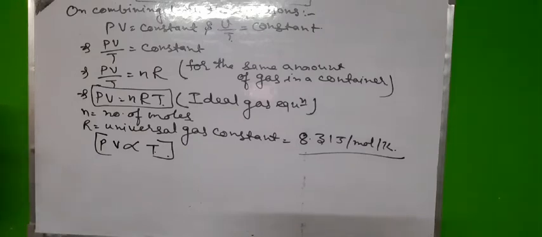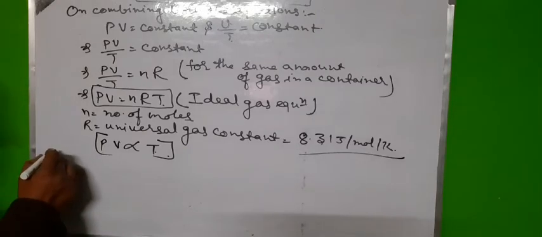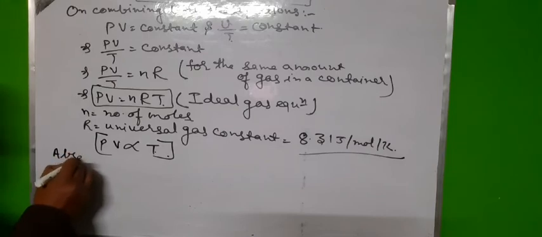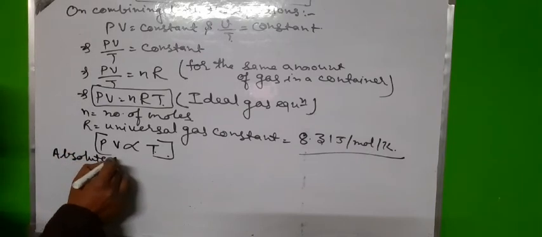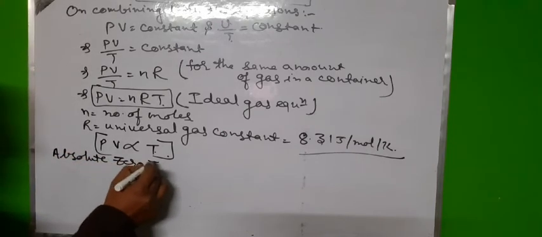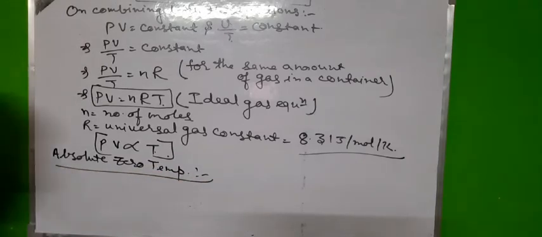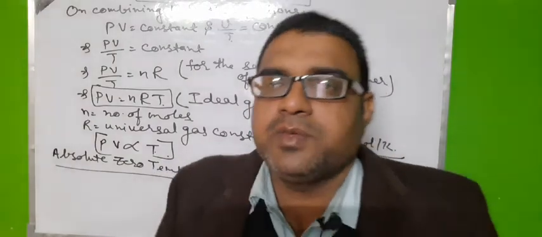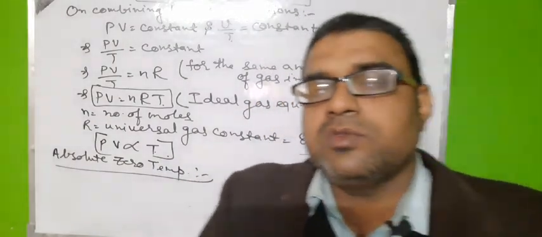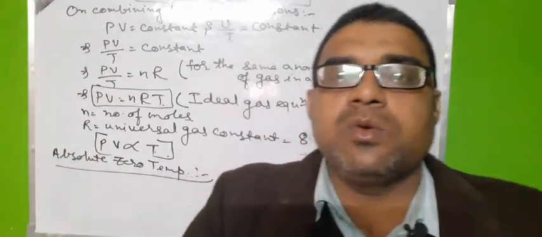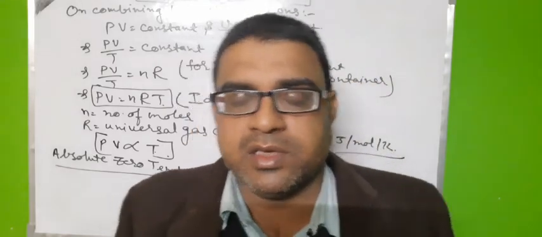Now we will discuss absolute zero temperature. What is the meaning of absolute zero temperature? Listen students, as you know, there is no limit for the maximum value of temperature.